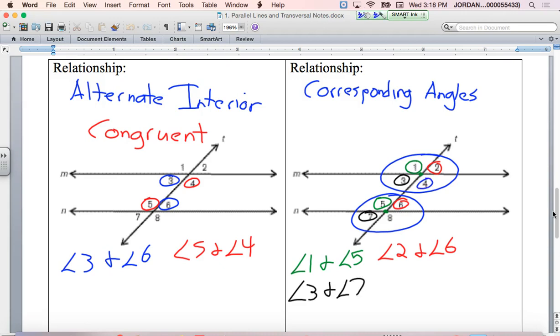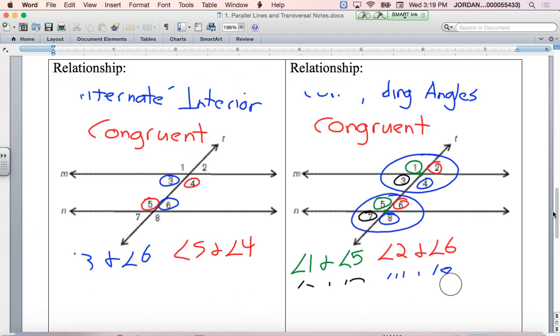And then angle 4 and angle 8 are corresponding. Corresponding angles are always congruent to each other. Okay, so as you notice, the ones that we have that are supplemental are just same side interior and linear pairs. The other 4 types are all going to be congruent angles.